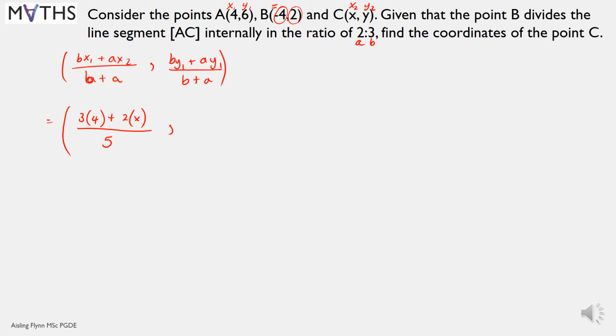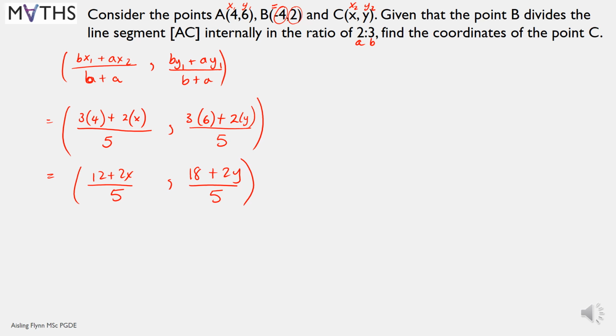And then we've got b times y1, 6, plus a times y2, which is our y, over 5. Now we can tidy up a little bit. We've got 12 plus 2x over 5, and we've got 18 plus 2y over 5.